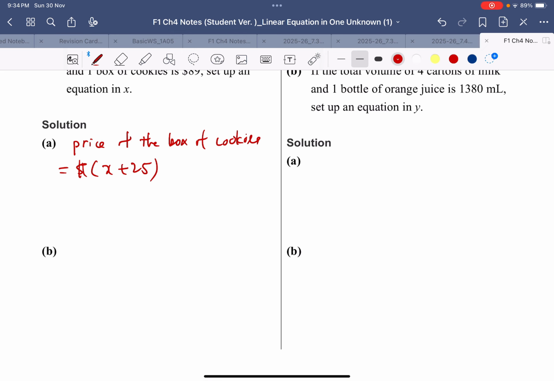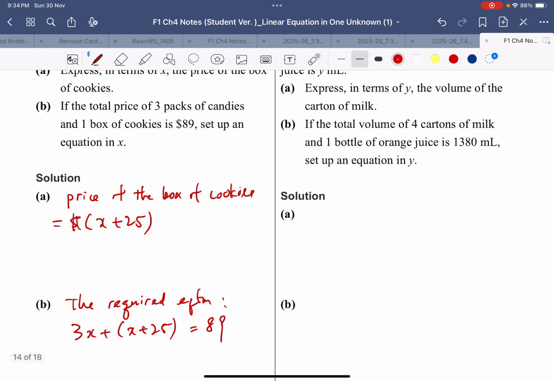And then the required equation. Okay, in short, 3x plus x plus 25 equals 89. Because the sum of 3 packs of candies and 1 box of cookies is $89.